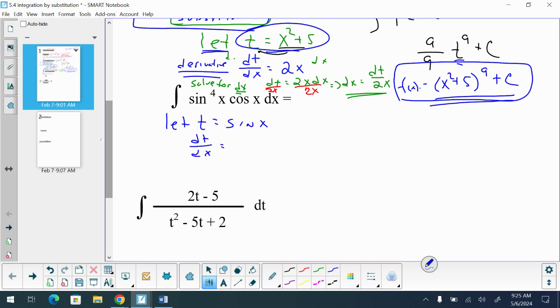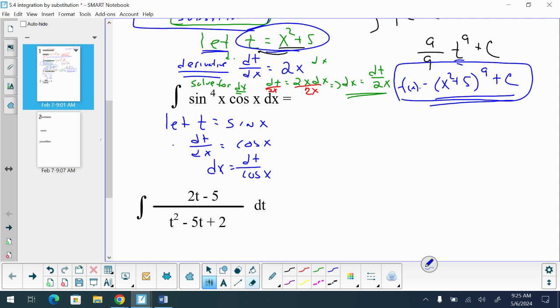Derivative of sine is cosine. And mentally, we're going to multiply by dx and then divide by cosine. And once again, what will happen nicely is this will always just switch. Your dx will come up here, multiplying both sides by dx, and then we have to divide by cosine. So we have dt over cosine.